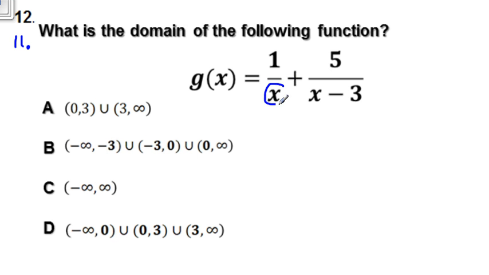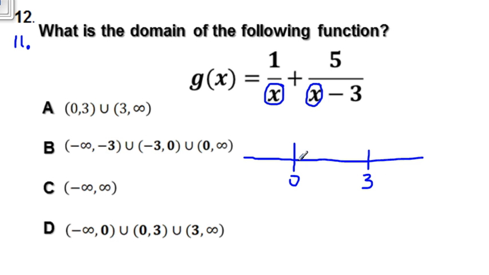We know if x equals 0, that's a discontinuity. And also x equals 3 is a discontinuity, because if x is 3, then this over here on the right would be undefined. So on a number line, we would say that at 0 and 3, we would have our excluded values.